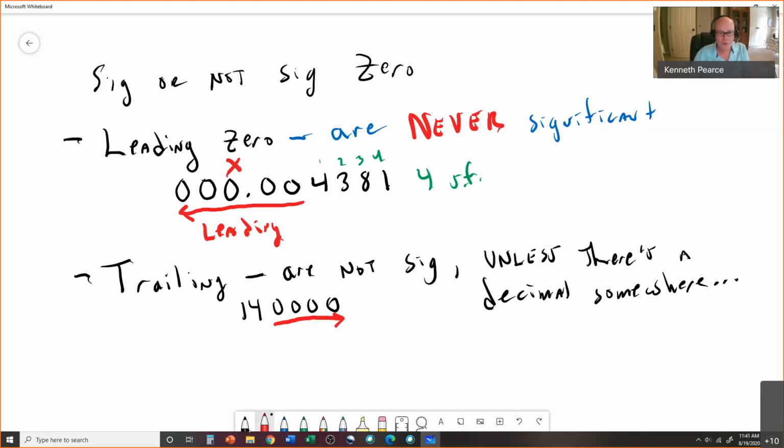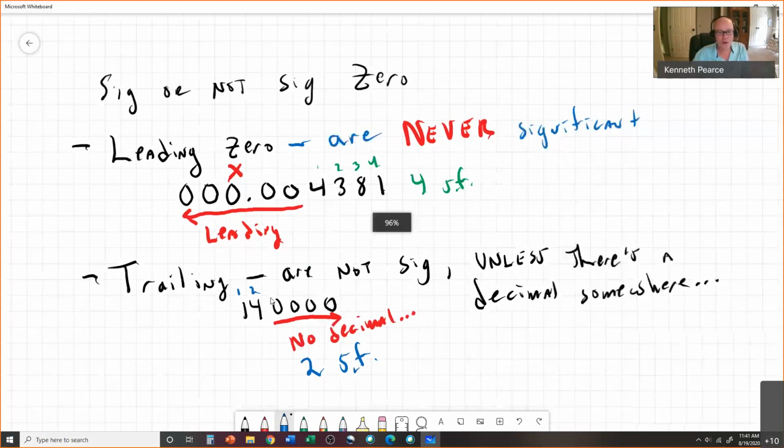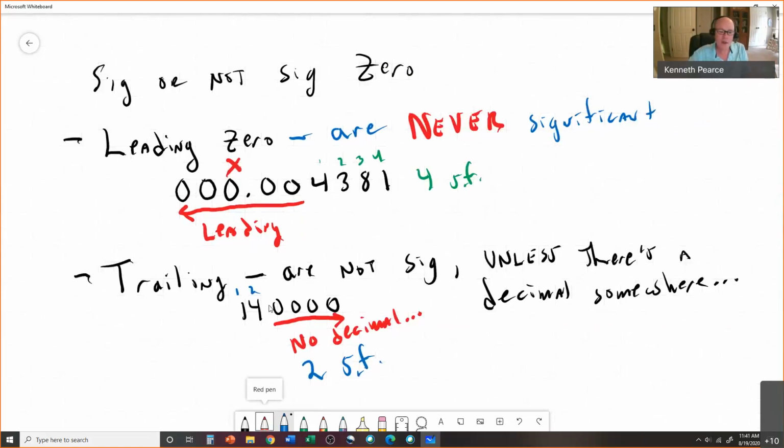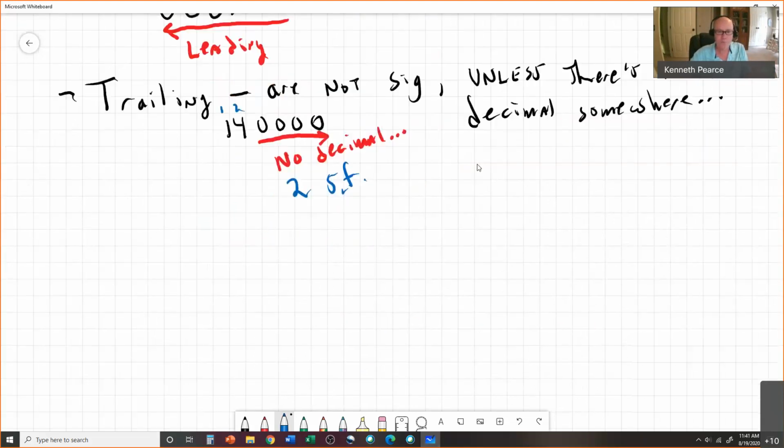So this one has no decimal anywhere to be found. And so therefore, this has 1, 2, 2 SF. Okay, so that has 2 SF. So those zeros are placeholders. That's what we're doing. Okay, so let me go ahead and move this up just a little bit.